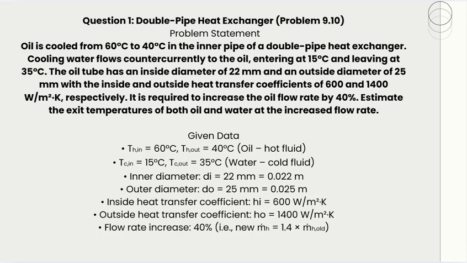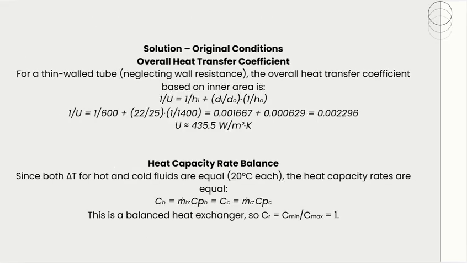So we have to find out the exit temperatures of both oil and water when the oil flow rate is increased by 40%. So here we have the given data, and first we will find the overall heat transfer coefficient.